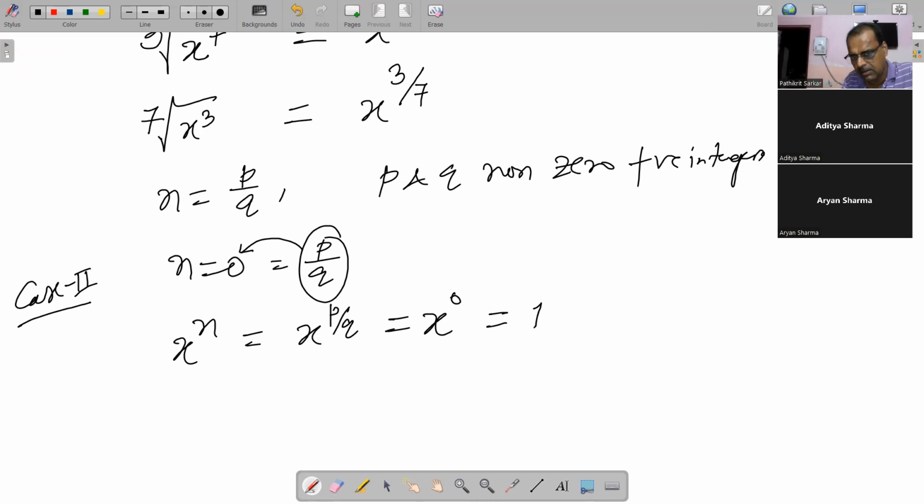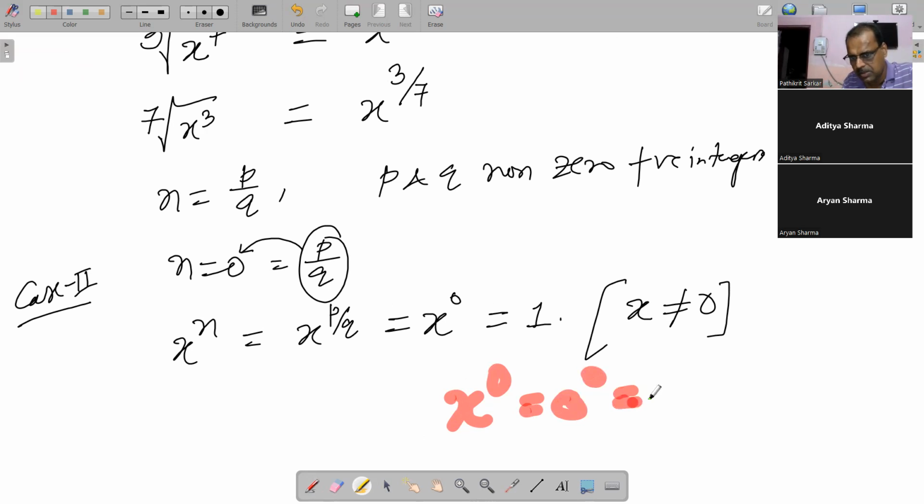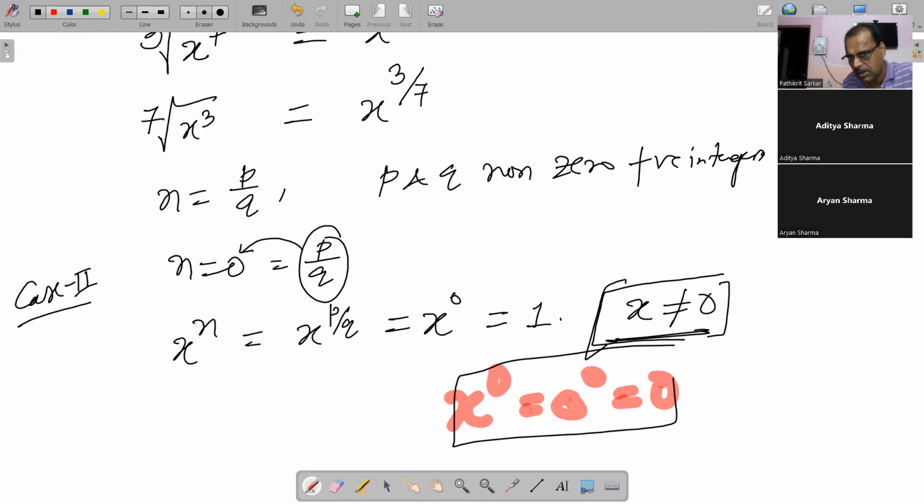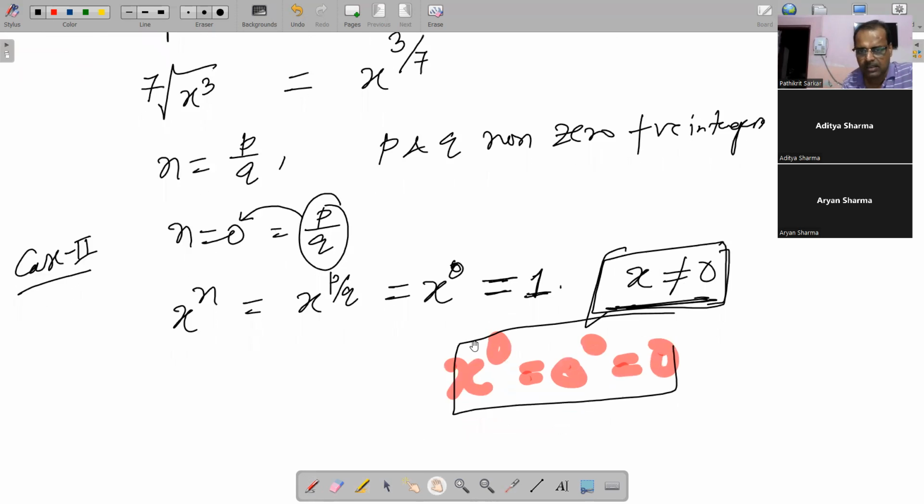We can say the value comes down to 1, provided x is not equal to 0. Because if x is equal to 0, then x to the power 0 means 0 to the power 0, which will be equal to 0. So that's why you have to mention that x is not equal to 0. At that time, we get x to the power 0 is equal to 1.